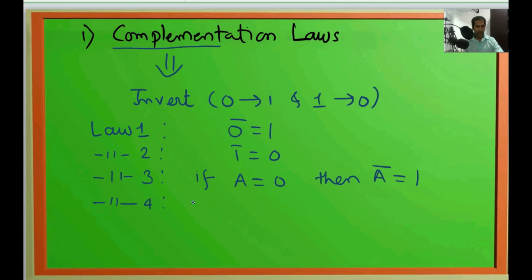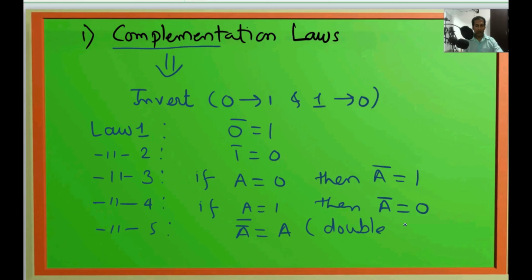Law 4 is if A is equal to 1, then A bar is equal to 0. Then law 5: if we have A double bar, that is nothing but the same A. It is called the double complementation law, right? Double complementation does not change the function. These are the complementation laws.